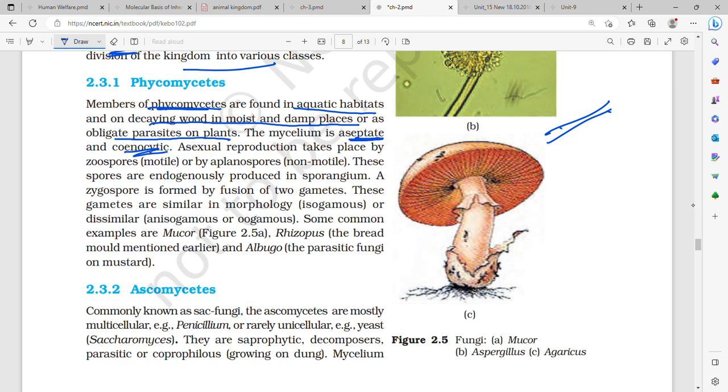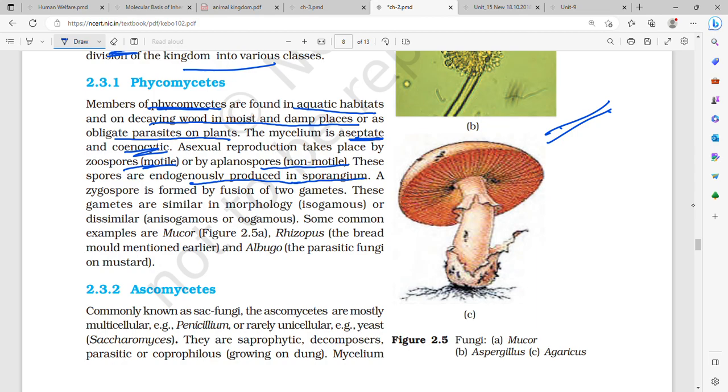Asexual reproduction takes place by zoospores, which are motile, or by aplanospores, which are non-motile. These spores are endogenously produced in a sporangium.